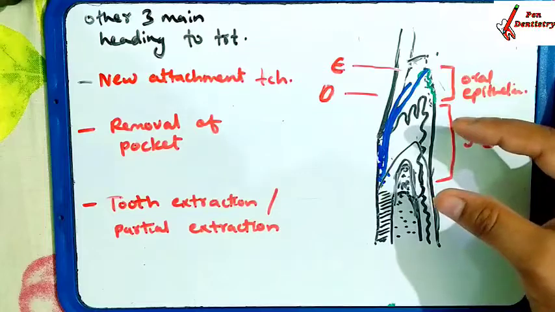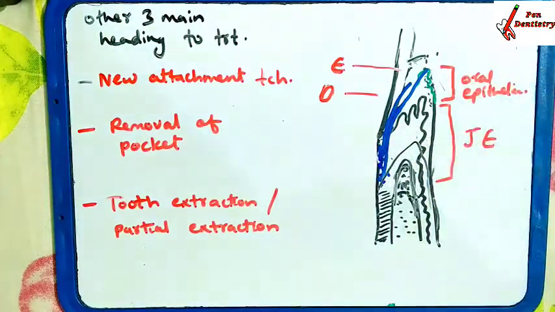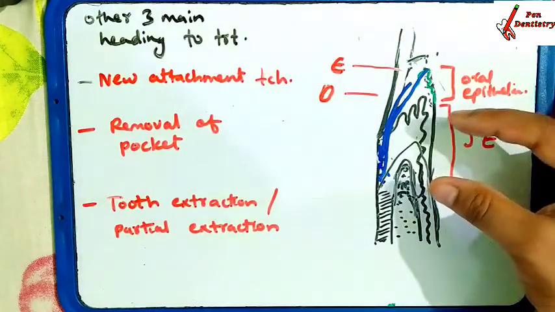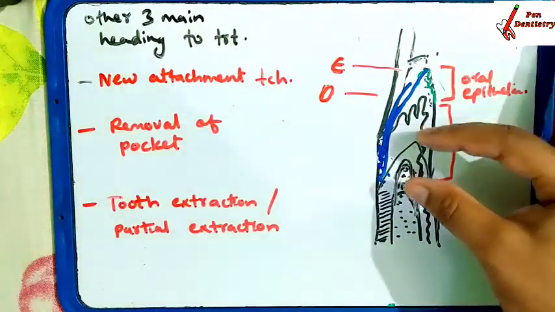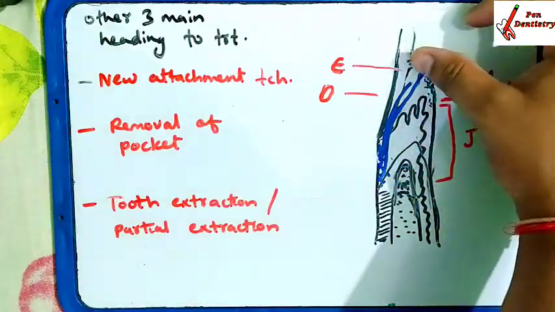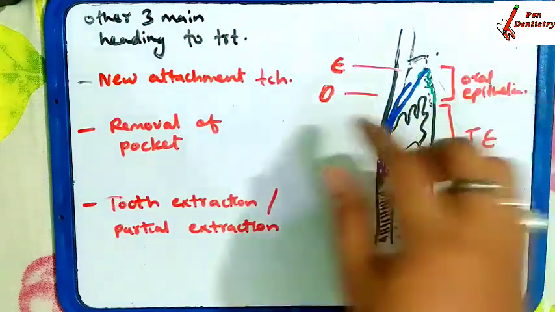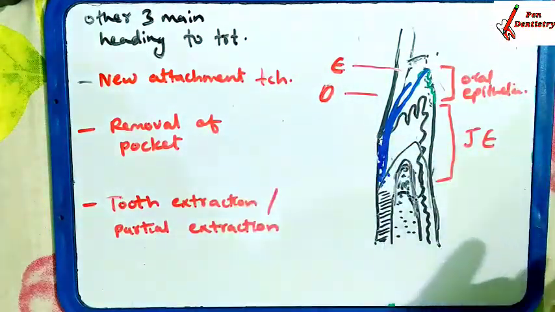That means non-graft associated or graft associated techniques will be used, or a combined technique. The bone graft will be added and the flap will be raised on this coronal part. As I have told you before, these are the new attachment. In the infrabony, you are going to do this.